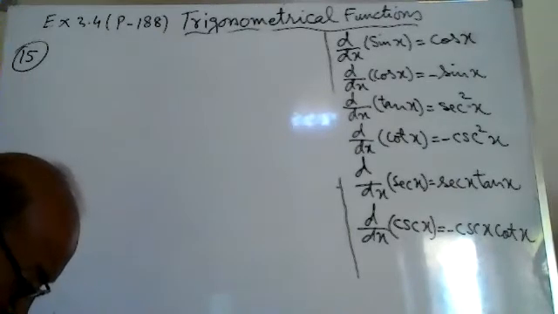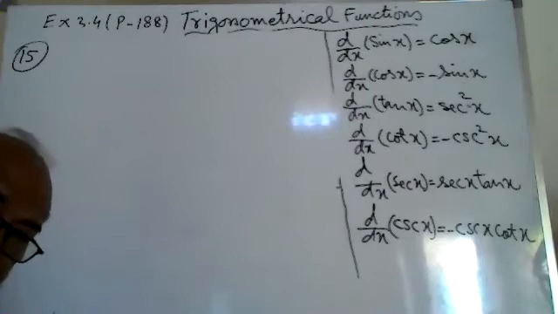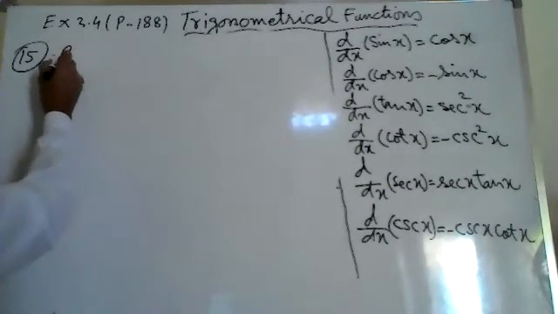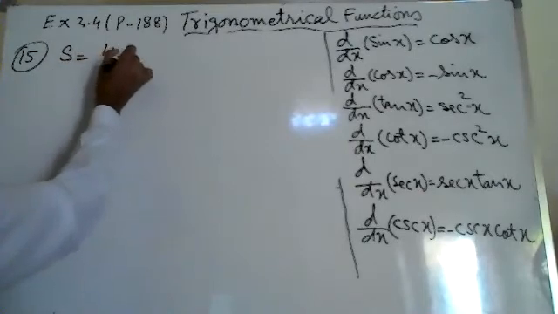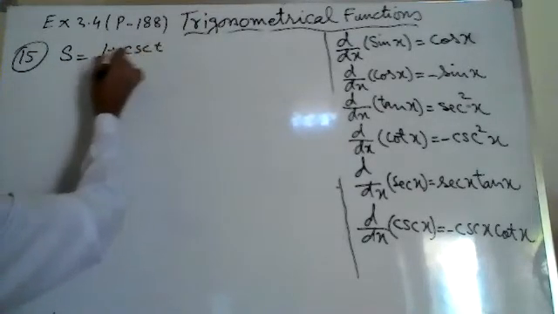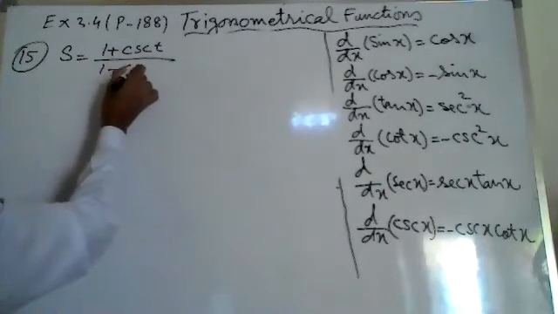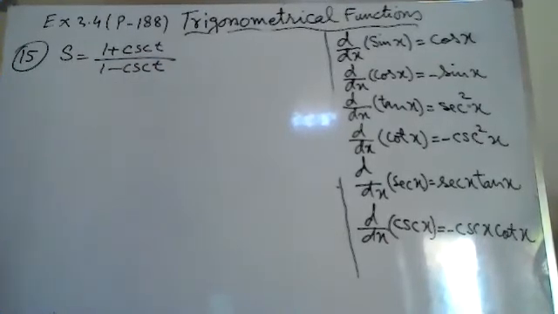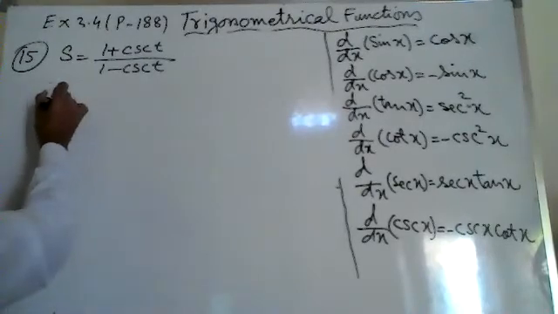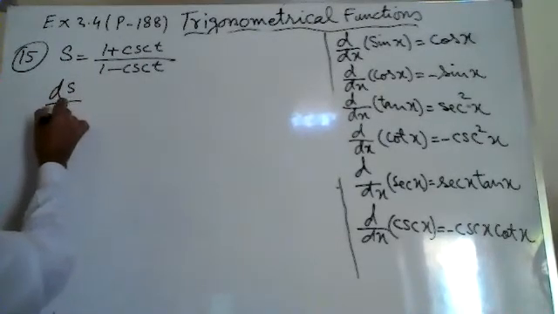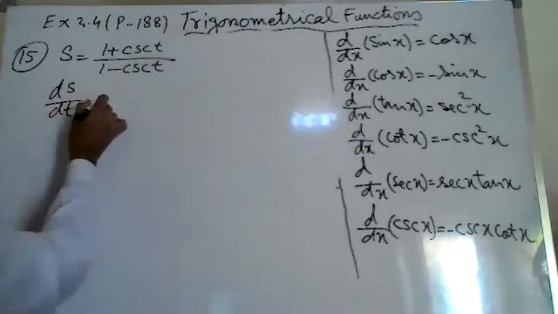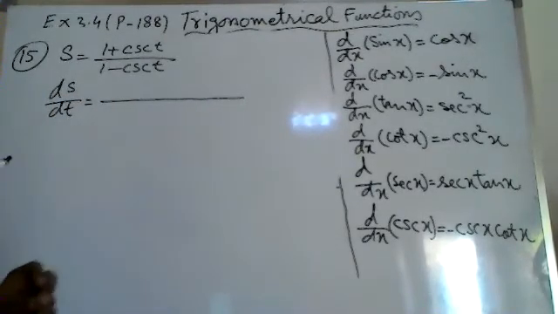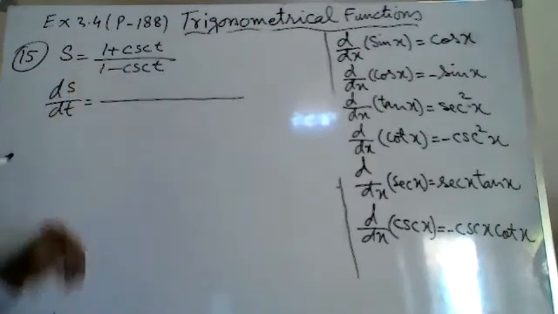S is equal to 1 plus cosec t upon 1 minus cosec t. So we will find ds upon dt. We will use the formula u upon v, quotient formula.